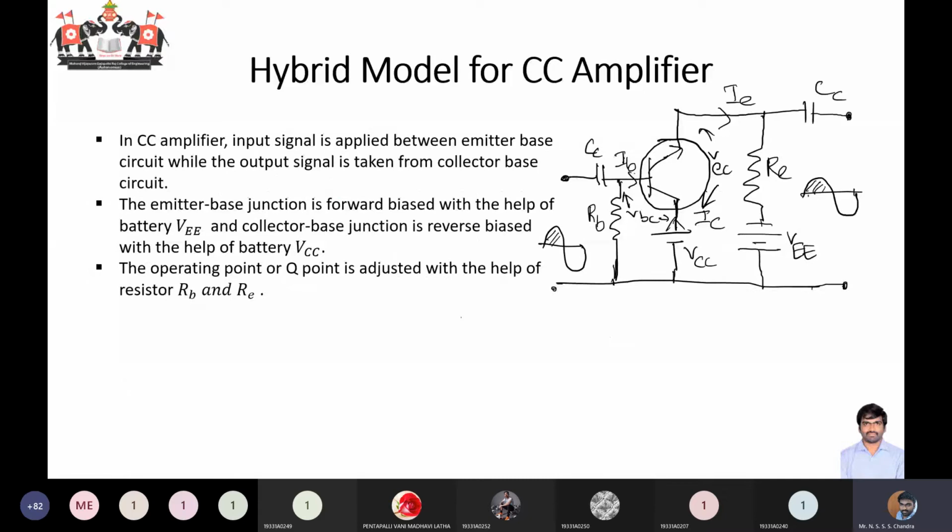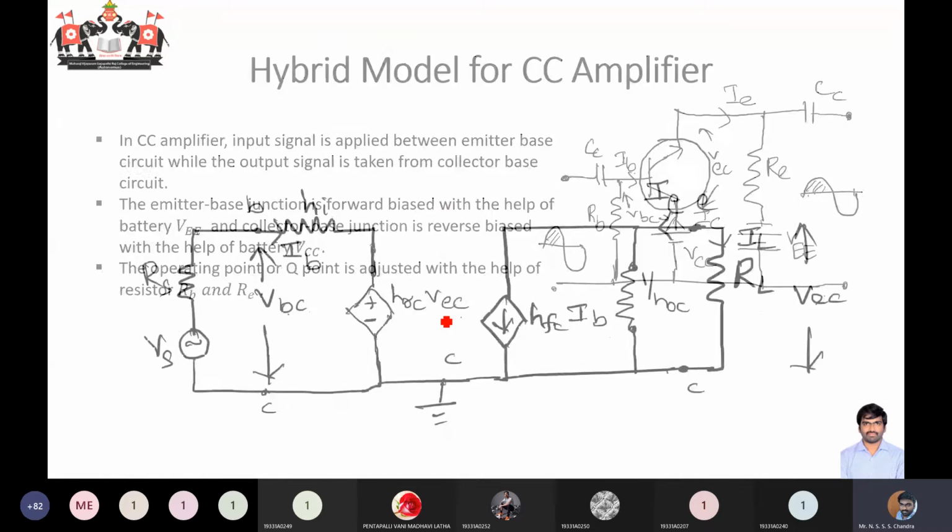If you are giving a positive voltage at the input terminals, and we already have a positive voltage VCC, we are increasing the overall positive voltage across the base and collector, so your reverse bias is increased further.